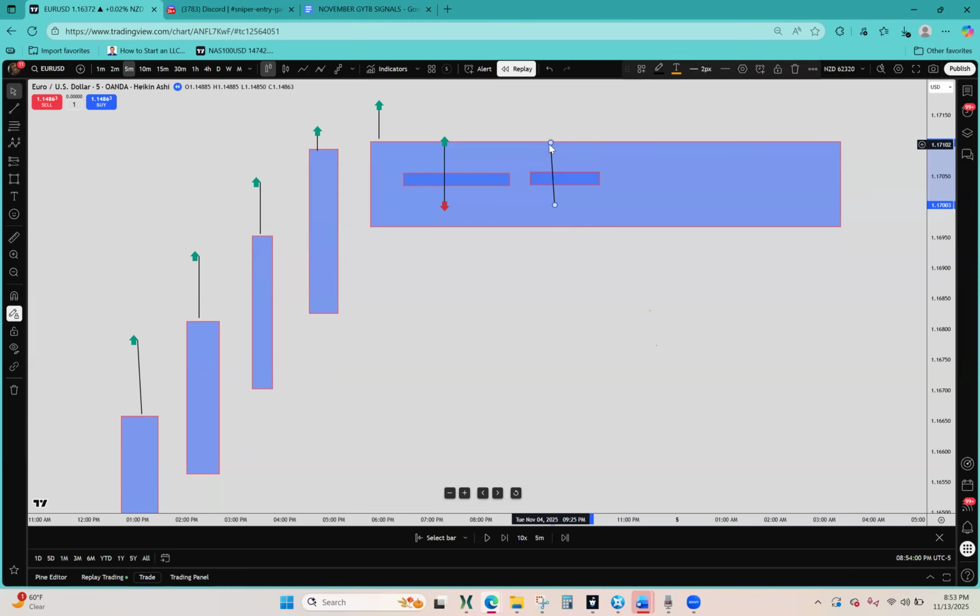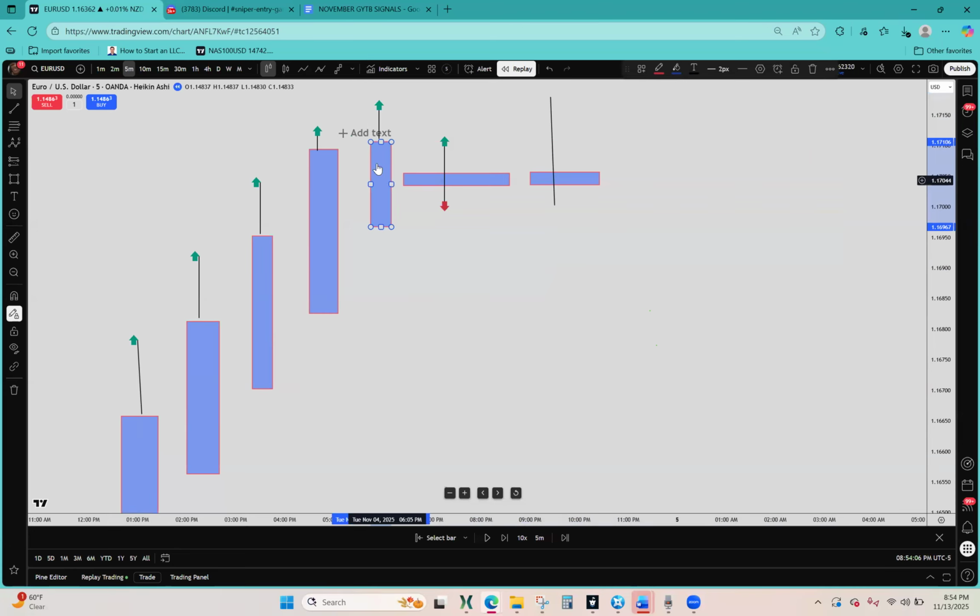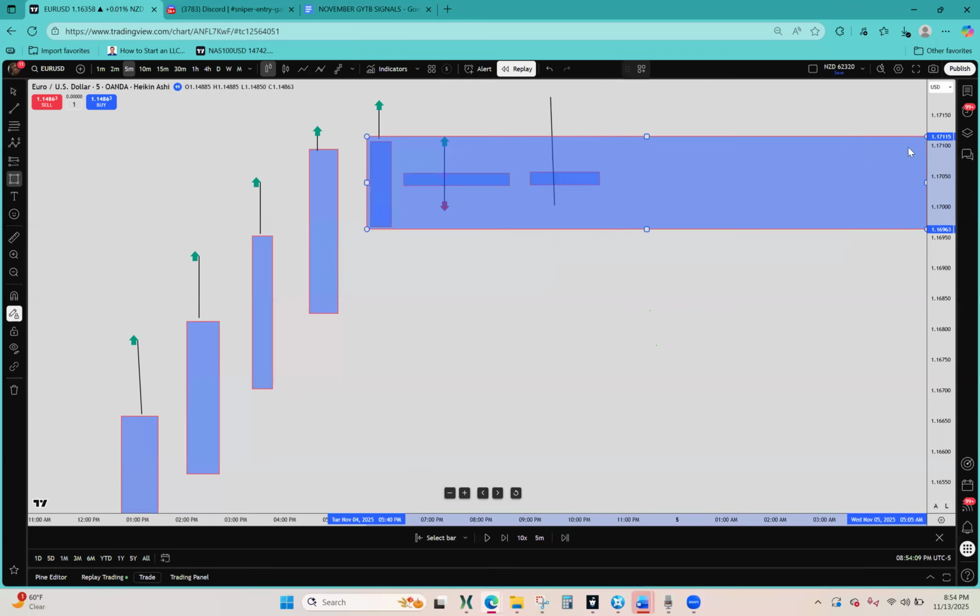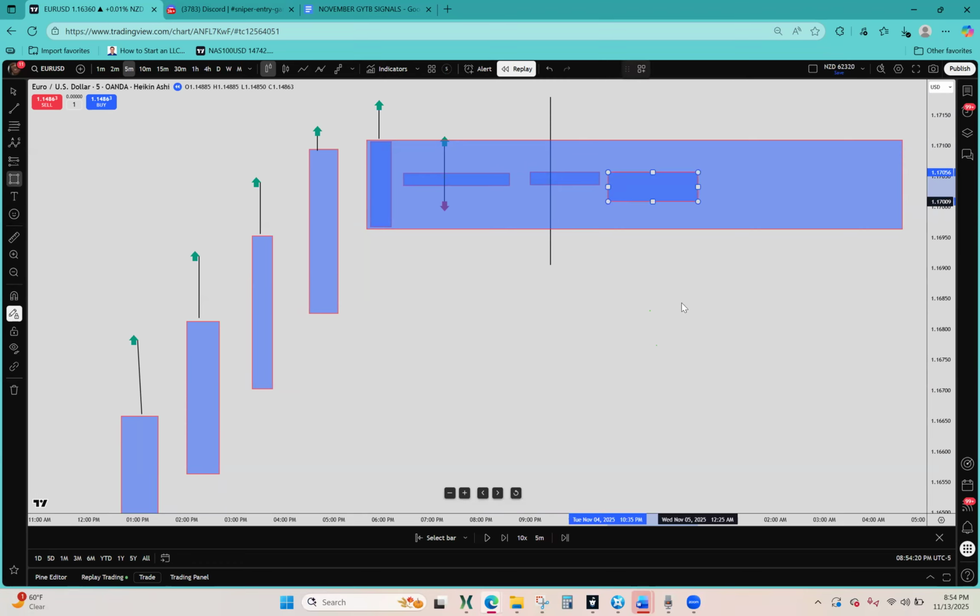The wicks can go up and out of it, but as long as the bodies cannot get past this last candle at the top, that's the master candle. You put your box around that thing, right? You trap the trap.